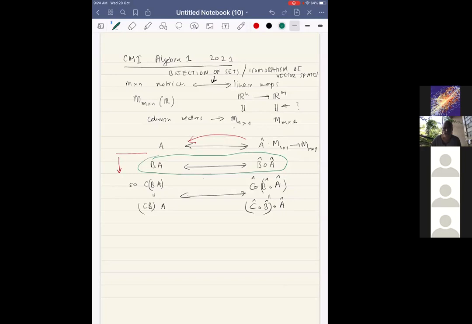I'm going to repeat how to associate a matrix to a linear map between column vectors.